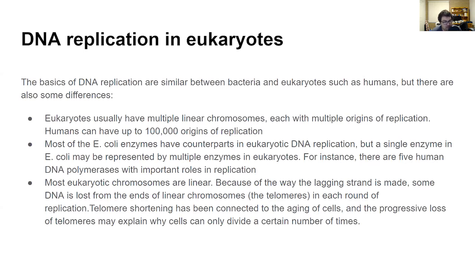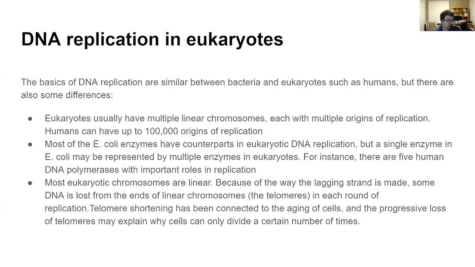That means that to copy those massive amounts of DNA, it is quite possible for multicellular organisms like humans to have 100,000 active points of replication across their DNA when it is copied.